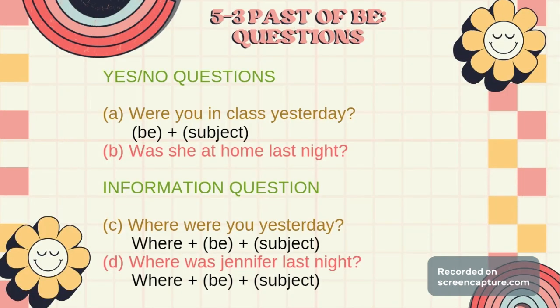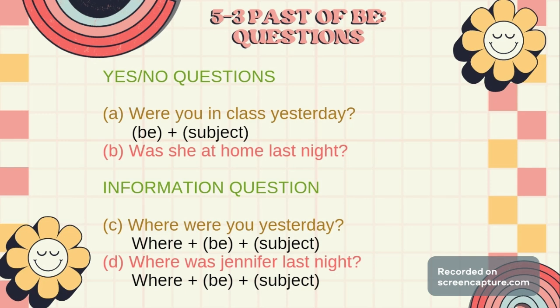Next, past of be, questions: yes or no questions. So be plus subject. The question is, were you in class yesterday? So were is a be, you is a subject. And the next, was she at home last night?